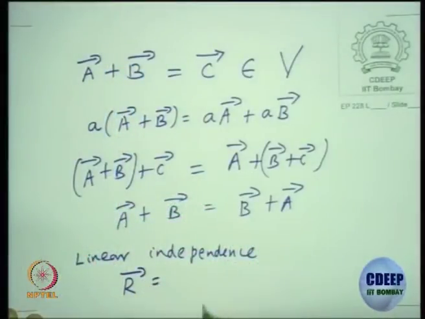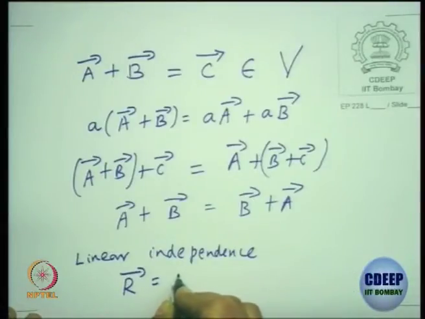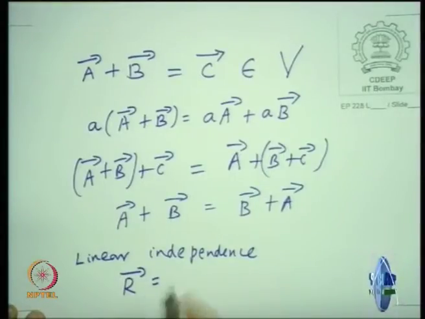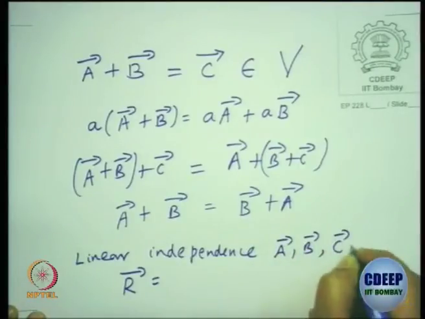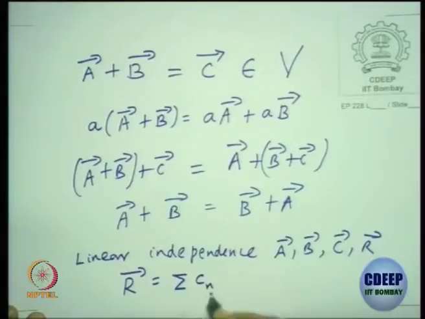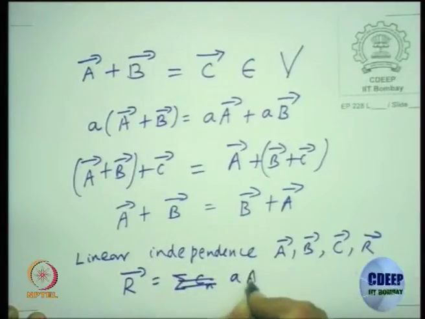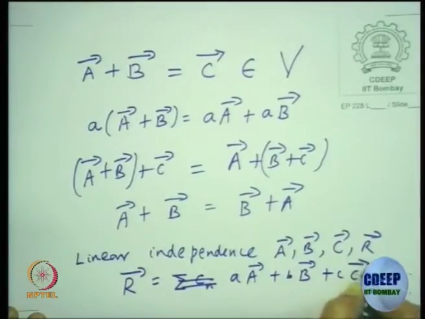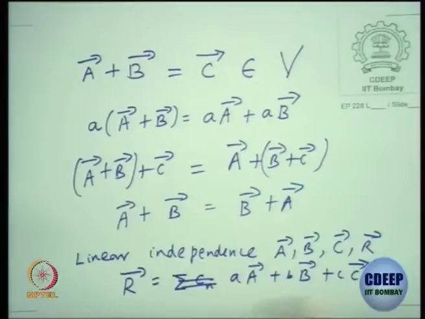Okay, so there the condition is that if you give an arbitrary vector R, and suppose each of those are given, or if you are given a set of vectors A, B, C and R, and if R is some linear combination, let us say A times A plus B times B plus C times C, and if these coefficients A, B and C are 0, then you would say that the set is linearly independent.